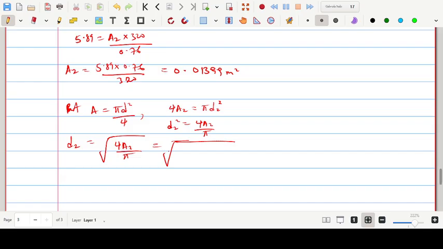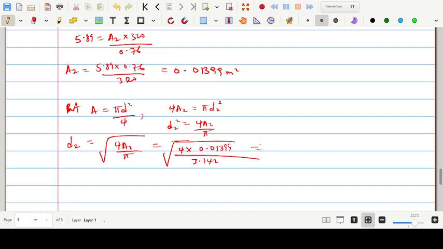So finally my d2 will equal the square root of 4 A2 over pi. Then I'm going to substitute 4 times area 2, which is 0.01399, and pi, that's 3.142. Then to do that, you will have the square root of 4 multiplied by 0.01399, divided by 3.142.